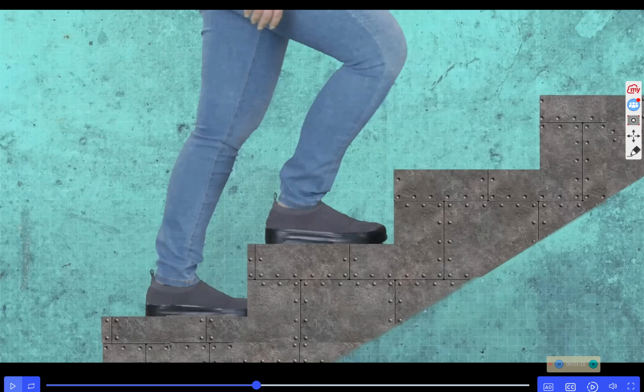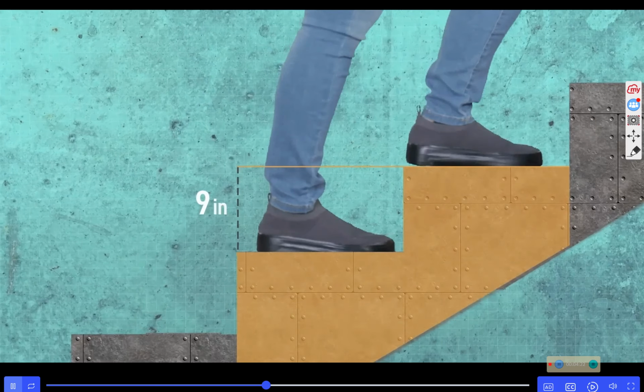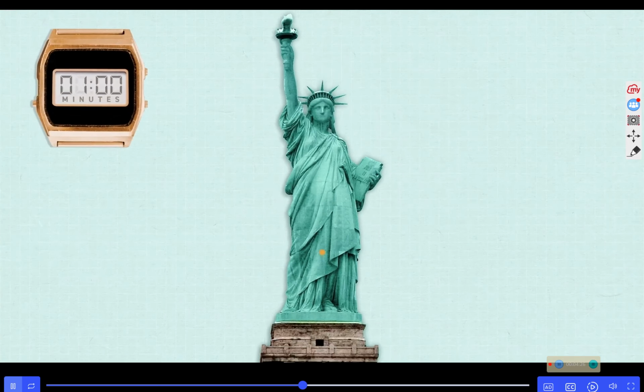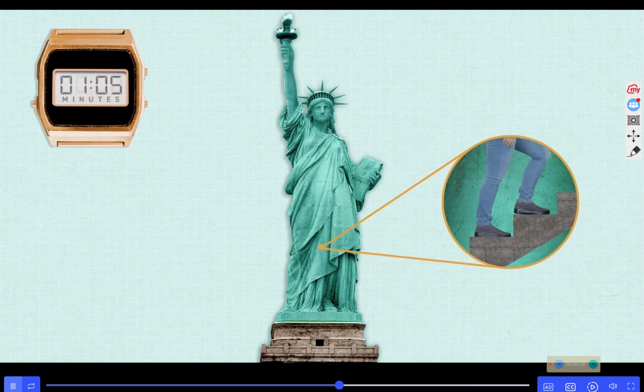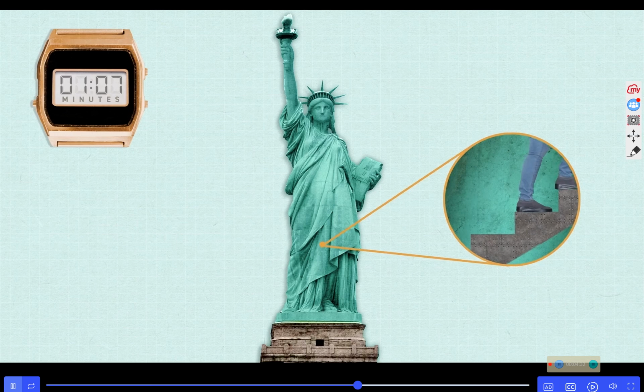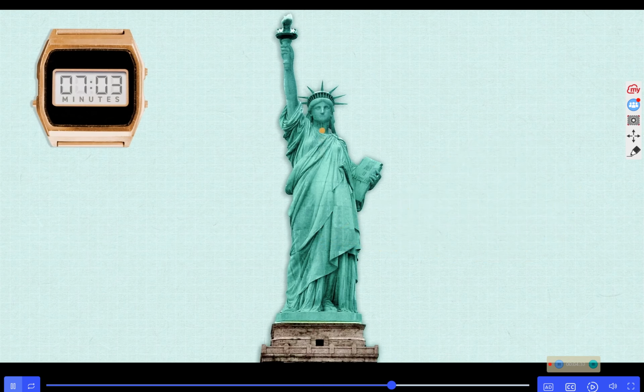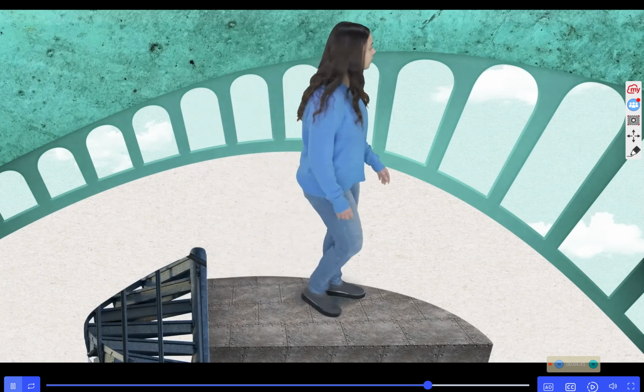So I would write down the height of the first part of the platform. It's also telling us each step is 9 inches. And it takes them 9 minutes to reach the top.